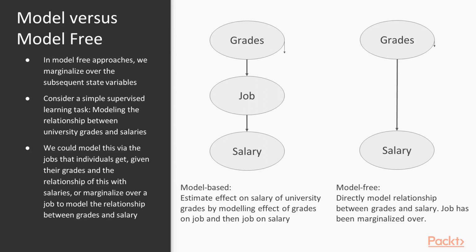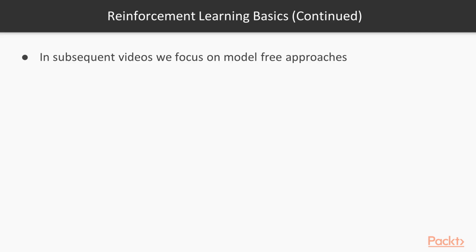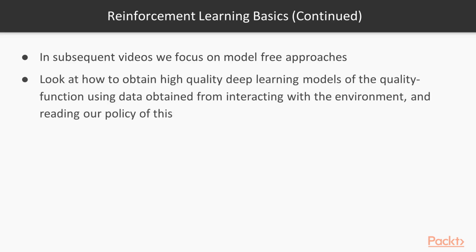The point is, we're going to be focusing on model-free approaches. Our aim is just to get quality values for state action pairs. We're going to be seeing how we can obtain high-quality deep learning models of the quality function. So we're going to be using neural networks to estimate Q values for taking particular actions in particular states. And of course, once we have that, we can read our policy off it.